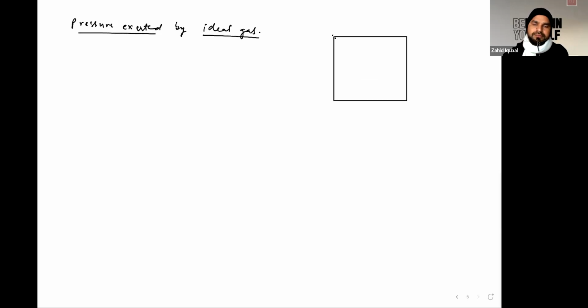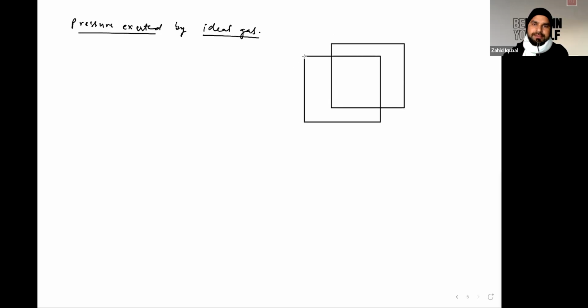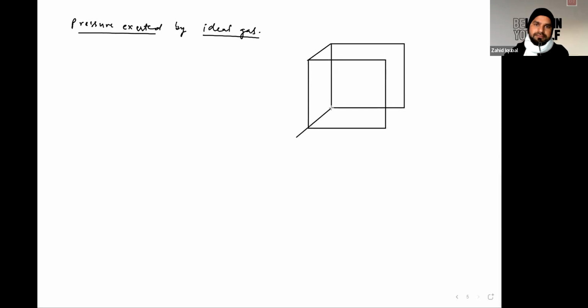Suppose there is a cubical vessel. This is the x-axis, y-axis, and z-axis.